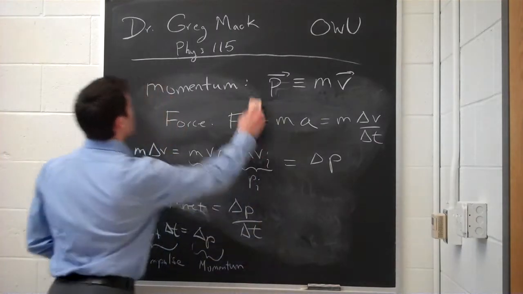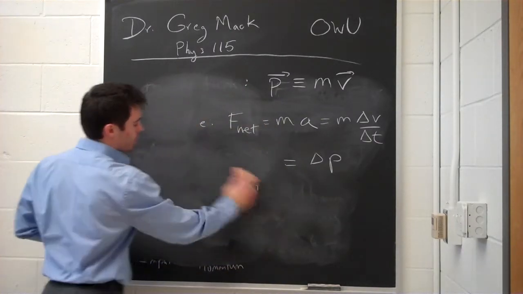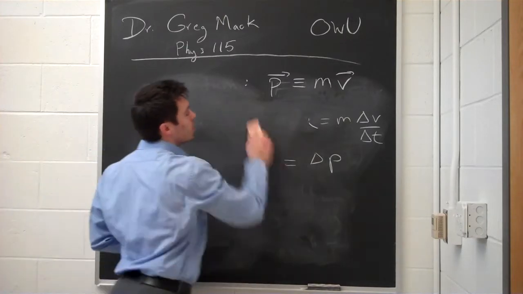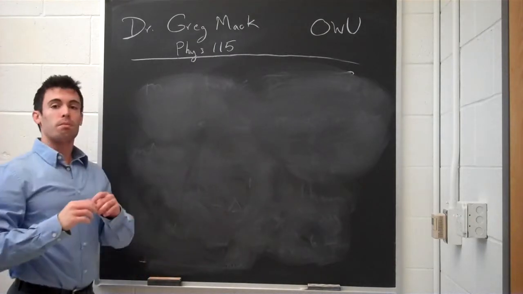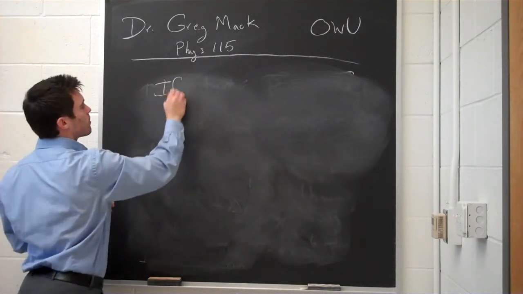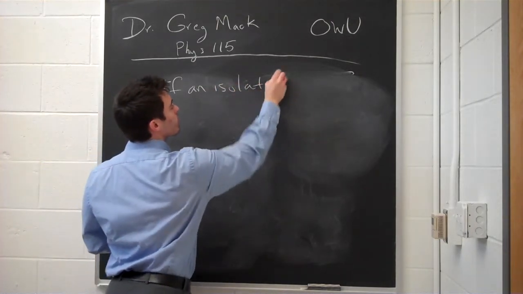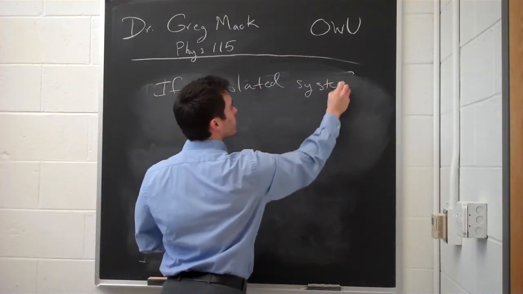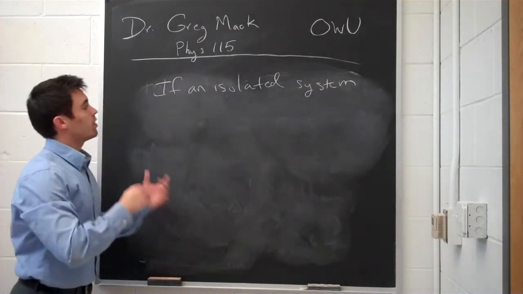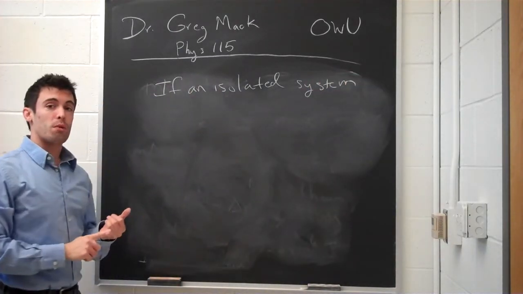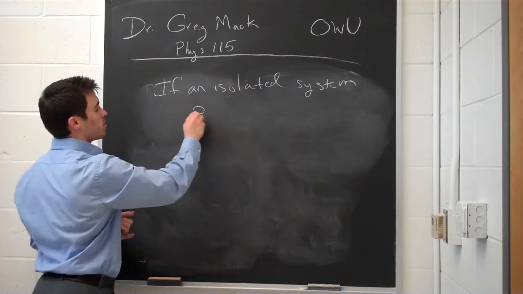Okay. The other thing that we talked about today with regard to momentum is that if you have an isolated system, meaning no external forces are involved, then the momentum of the system beforehand is equal to the momentum of the system afterwards.